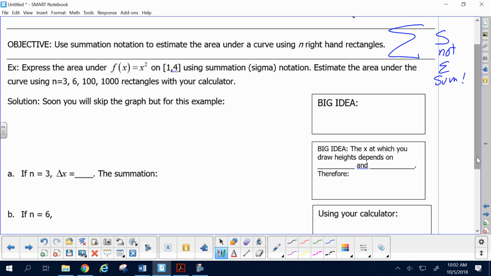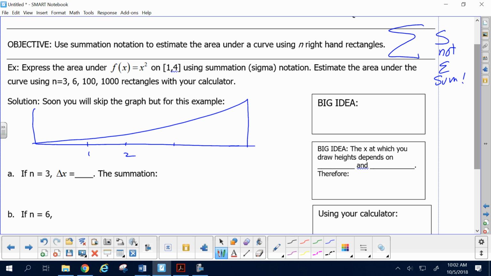So let's go with an idea we've been talking about, and that's area under a curve. Would you draw me a real wide parabola, with room a little below it, from 1 to 4.